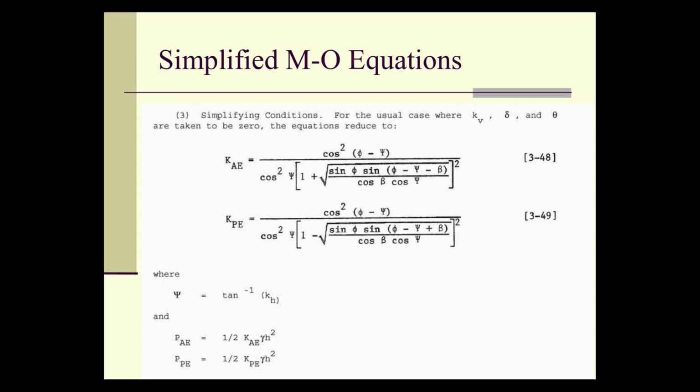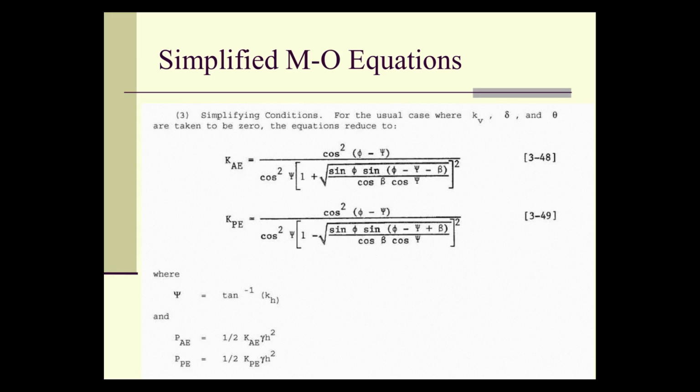If we drop out delta, which really reduces it to a Rankine type of case, and if we drop theta for vertical walls, which is particularly relevant for sheet pile walls for marine work, we get down to the KAE and KPE like this, where the psi angle is simply the arctangent of the horizontal acceleration.